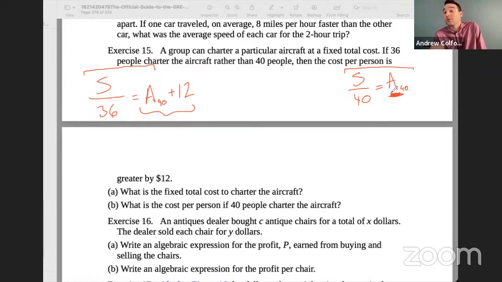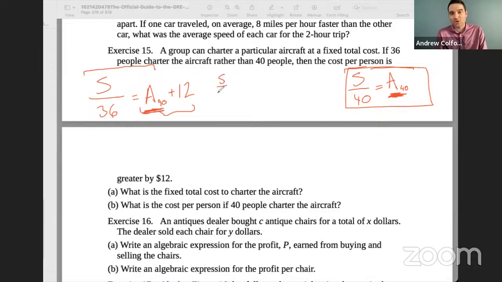But this one's already isolated, right? So let's just call it A40, and we could name these different variables if you wanted to. We could call this just X, but A40 is equal to S over 40. So I'll plug this in for that.